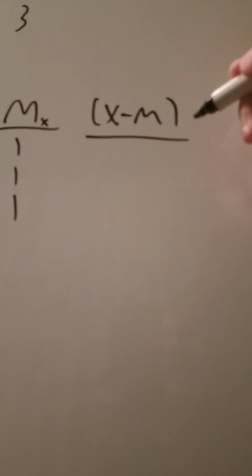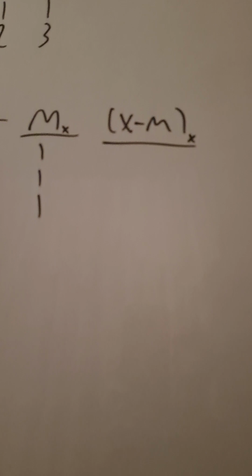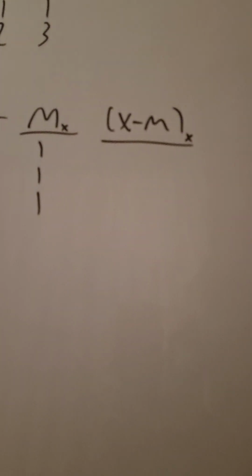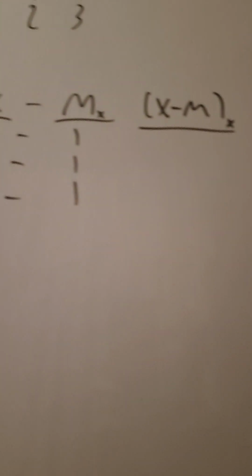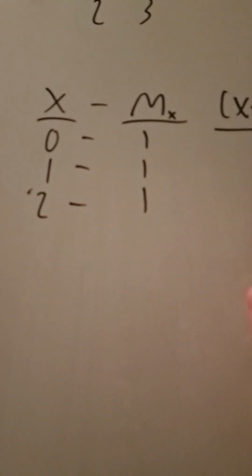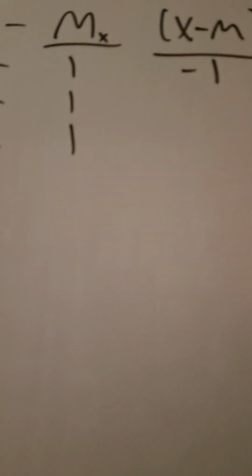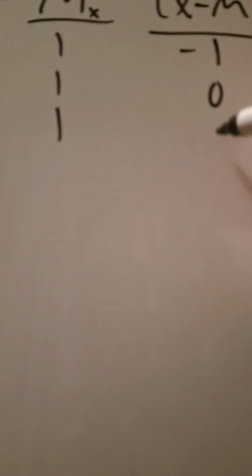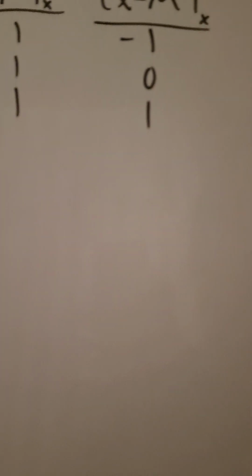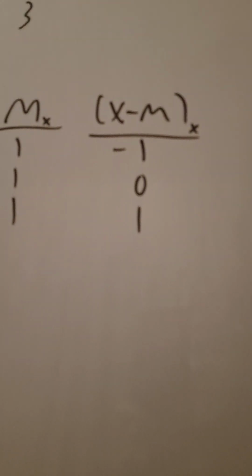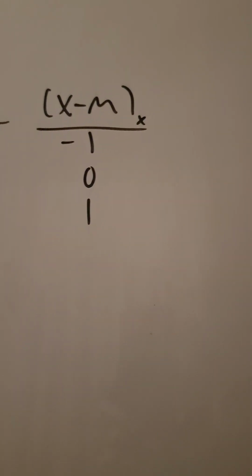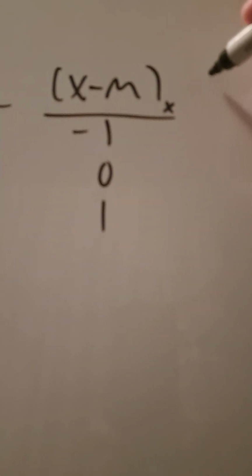So now we're going to find our deviation scores, and those are going to be deviation scores of X, remember. So we're just going to subtract across the line, just like we've always done. So we're going to have -1, 0, and 1. Pretty straightforward so far. We're going to start a new column.